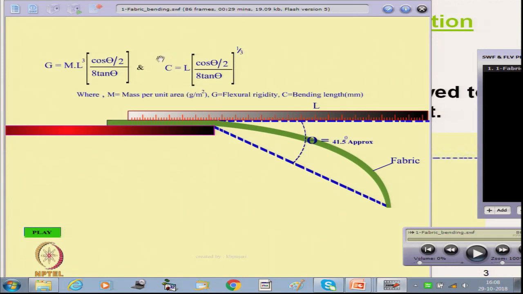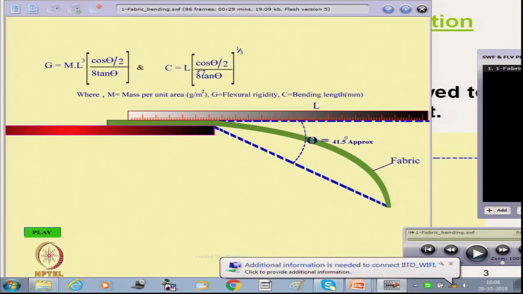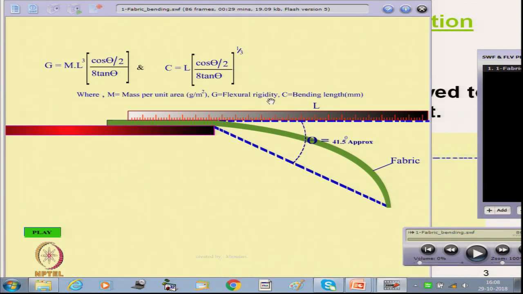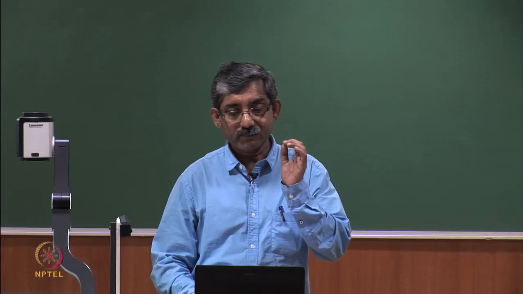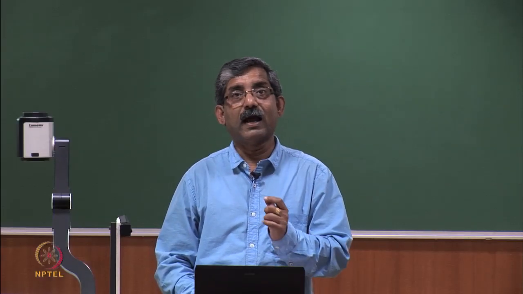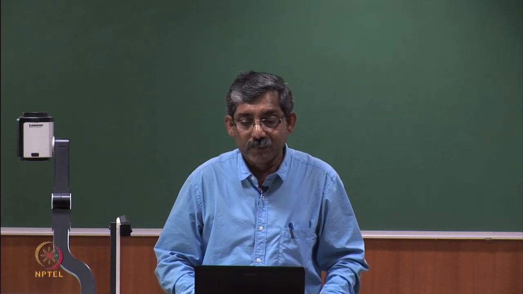And C is the bending length, which is equal to L, the overhanging length, multiplied by the cube root of cos theta by 2 divided by 8 tan theta. So, from there we can calculate both the flexural rigidity and the bending length.